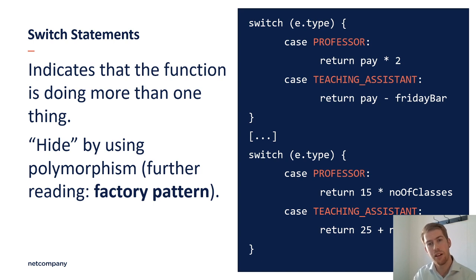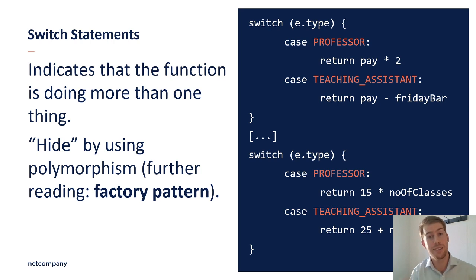But simply on the right, for instance, the problem is that if I have some sort of employee with a type, I have a professor type and a teaching assistant type. Every time those two types differ in their functionality, for instance, when we have to pay them, or figure out how many classes they should teach, we'll have to make a switch statement, and that'll end up showing up 20, 30, 40 times in the code.